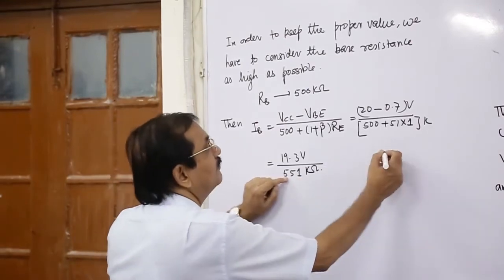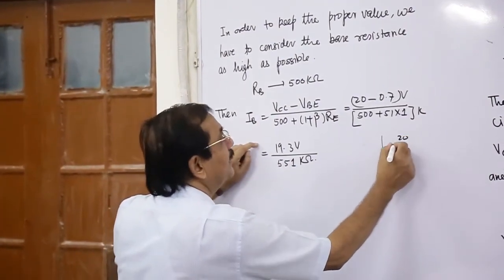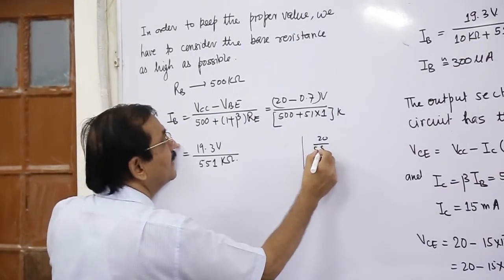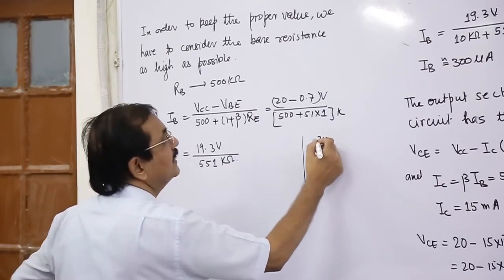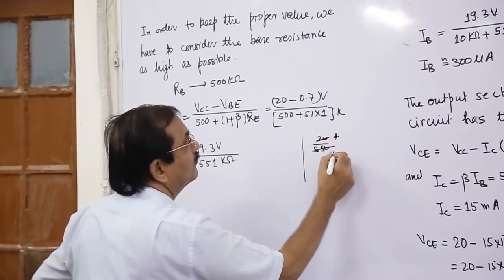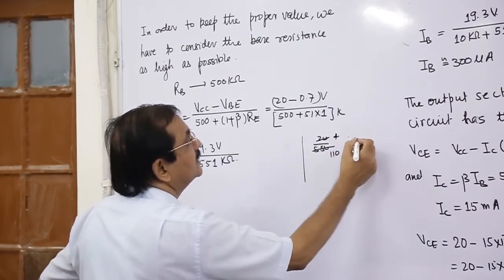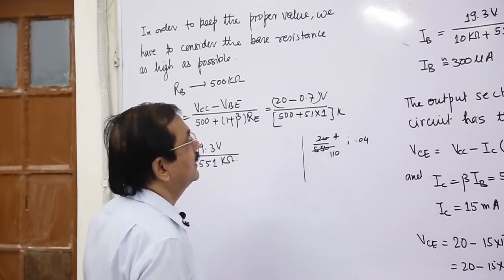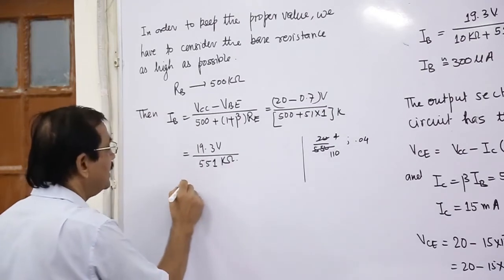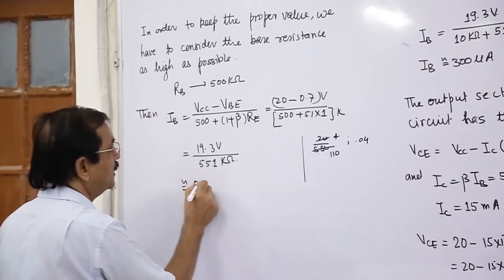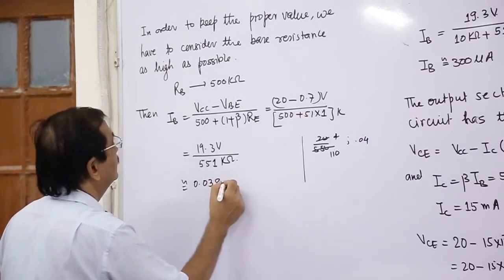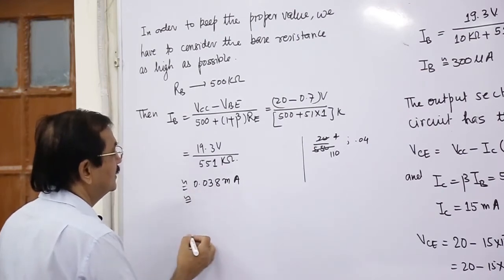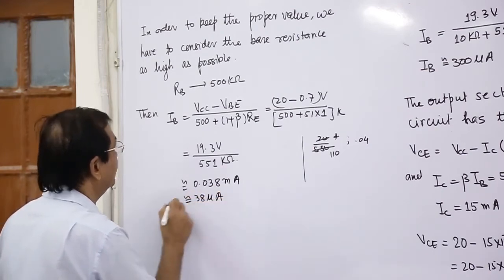This can be solved approximately, and this is 0.038 milliampere, or you can call this 38 microampere IB.